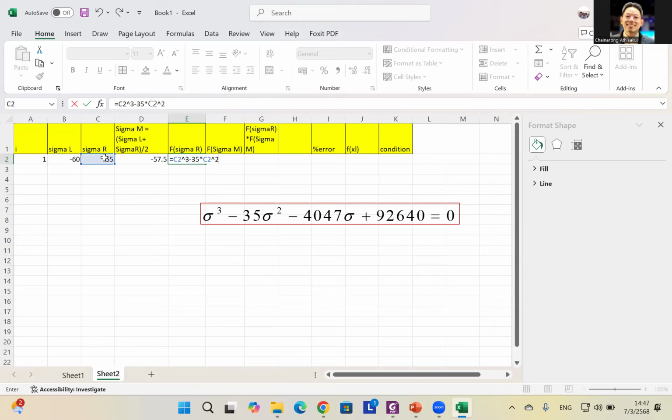Minus 4047 times this value, right? And then plus 92640, right? You can use a calculator to check my calculation.